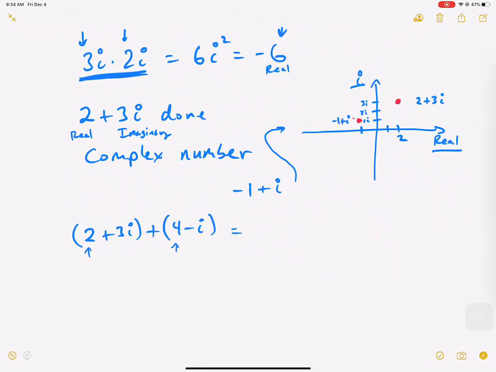Those are like terms. 2 plus 4 is positive 6. 3i and negative i subtract out to become a positive 2i. That's it. So this is a complex number, and it's complex because it's part real and part imaginary.